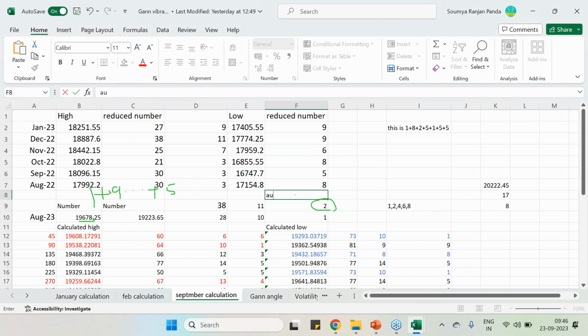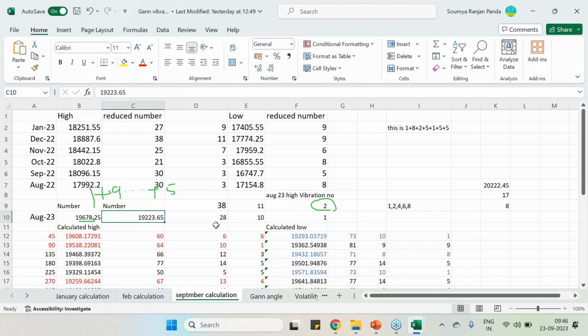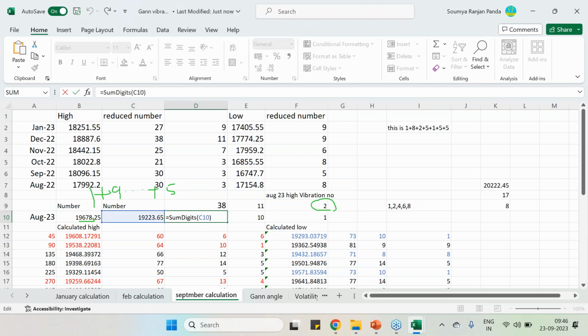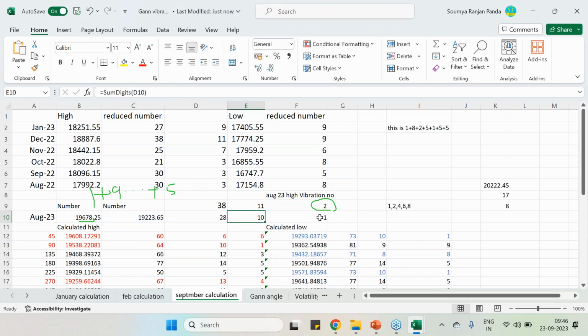So August high vibration number. I am writing VB for vibration number. August high vibration number is 2, August 2023. Same process, if I reduce the August low number to the sum of digits, then it is 1.